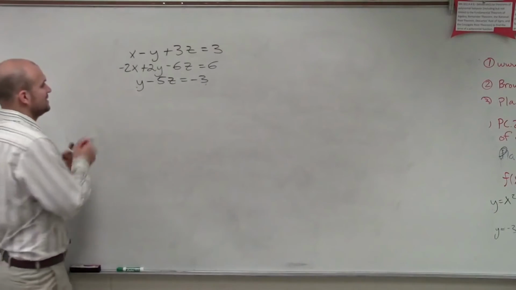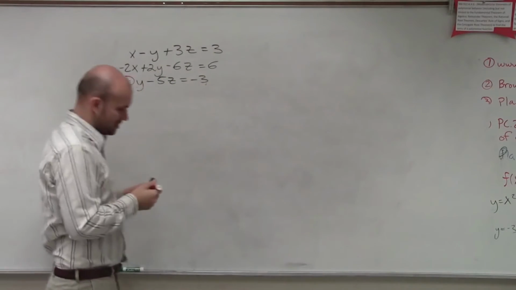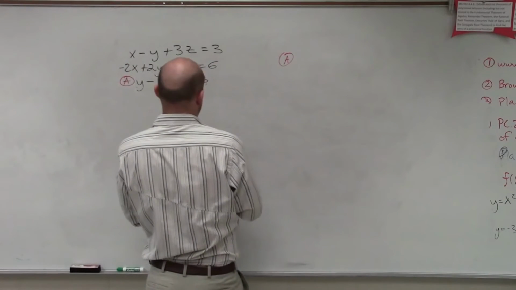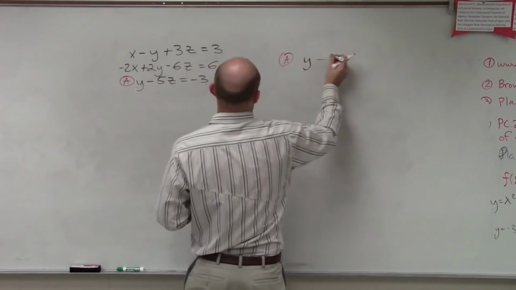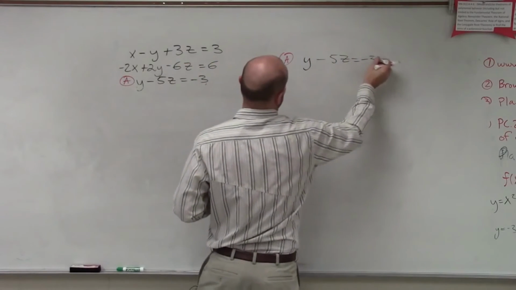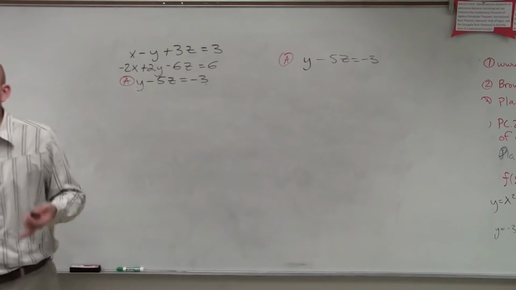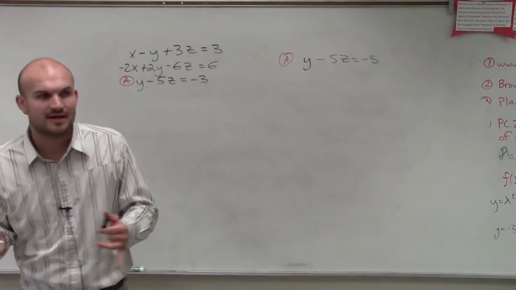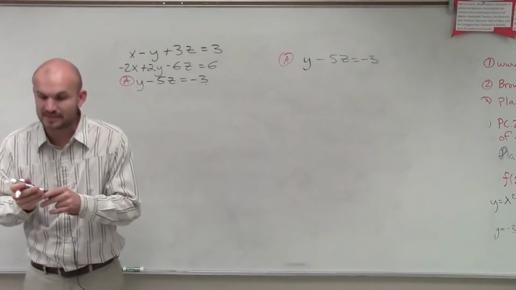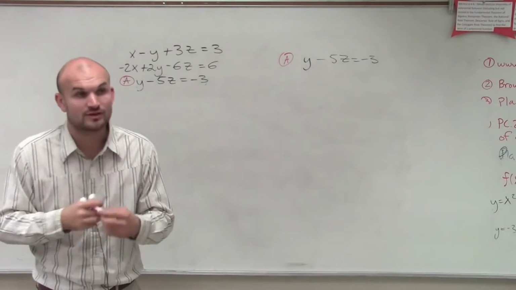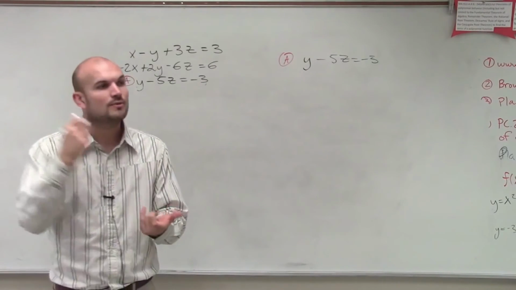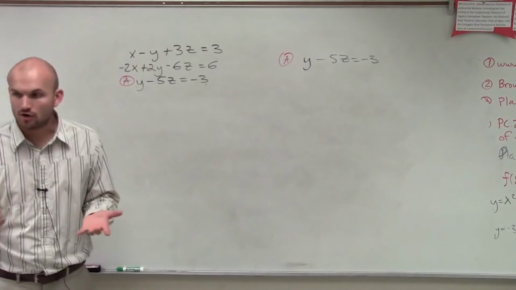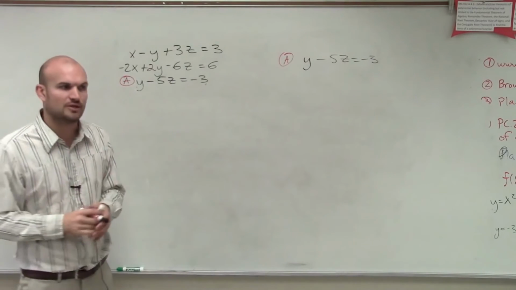So I'm going to immediately label that A: y minus 5z equals negative 3. Remember, our main goal is to take our 3 equations and write them down to 2 equations. Because when you have a system with only 2 equations and 2 variables, we can use elimination or substitution to solve for our 2 variables. That should be a little bit easier for you.